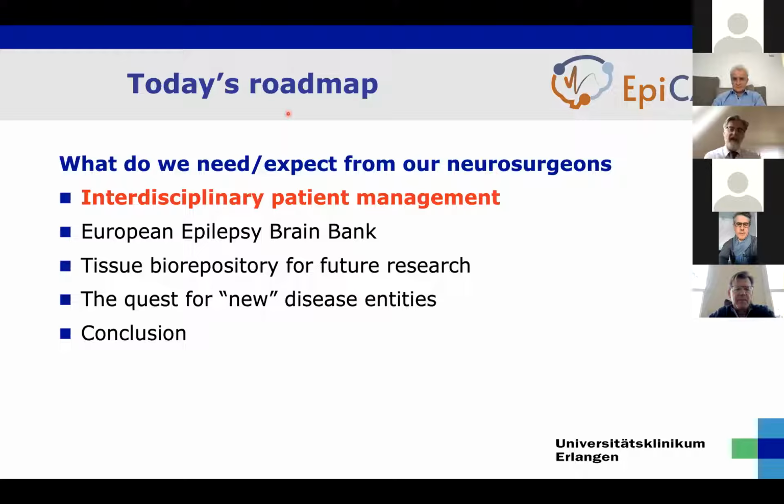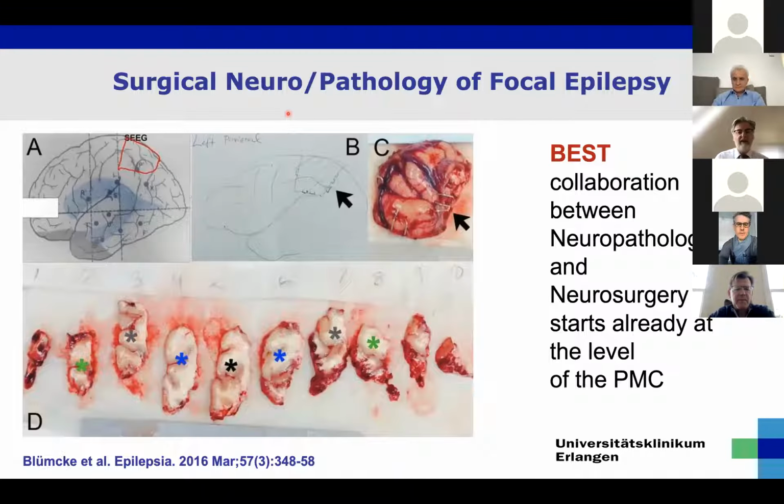And so the pathology here, although at the end of the food chain, I think our cooperation should start early on, and that is already at the level of, let's say, the patient management conference. So this is what we do here in Erlangen.